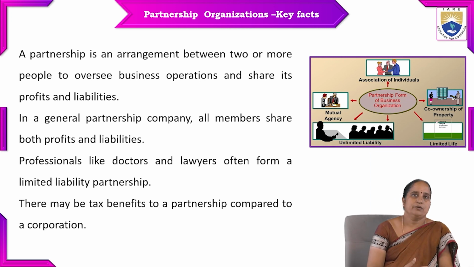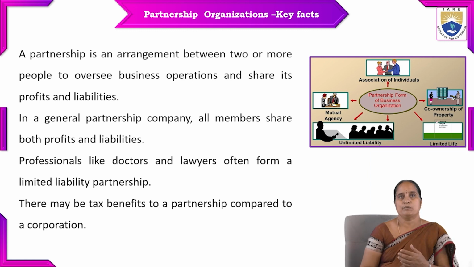The key facts about partnership organizations are: a partnership is an agreement between two or more people to oversee the business operations and share its profits and liabilities. In a general partnership company, all members share both profits and liabilities, and professionals, like doctors and lawyers, often form a limited liability partnership.